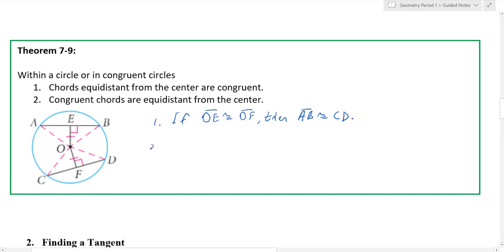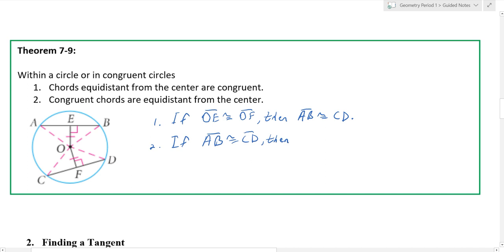Number two says congruent chords are equidistant from the center. So number two in the diagram would say that if chord AB is congruent to chord CD, then they're equidistant from the center.